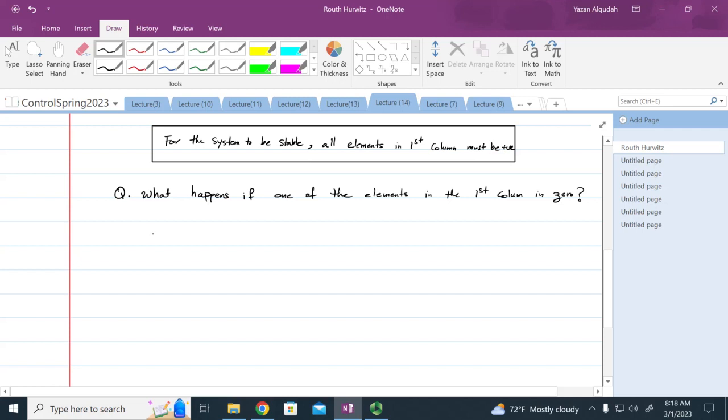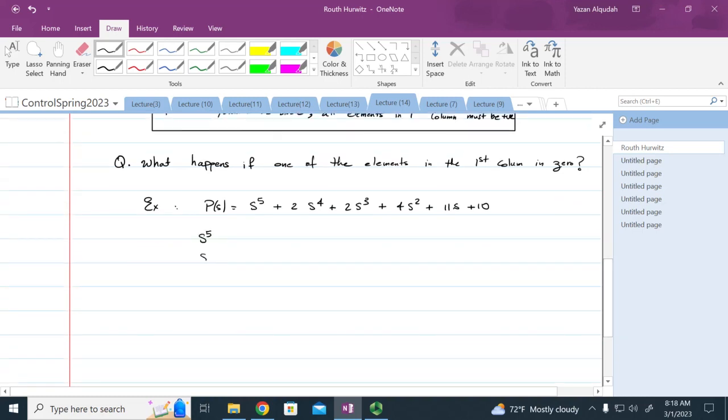As an example, we have a polynomial p of s equals s to the 5, plus 2 s to the 4, plus 2 s cubed, plus 4 s squared, plus 11 s, plus 10.